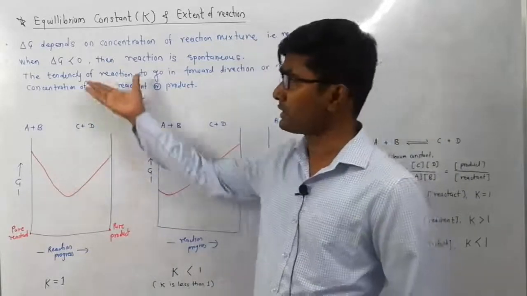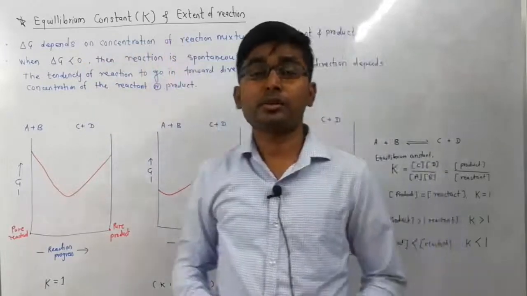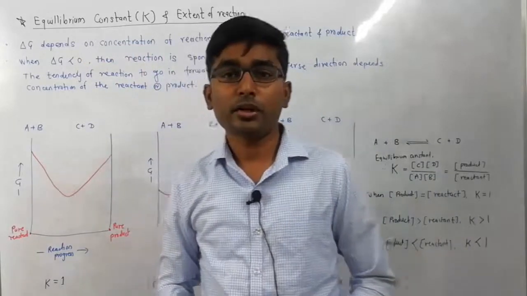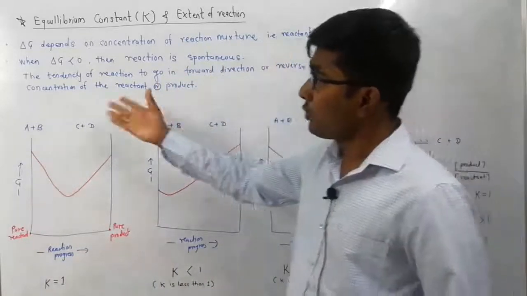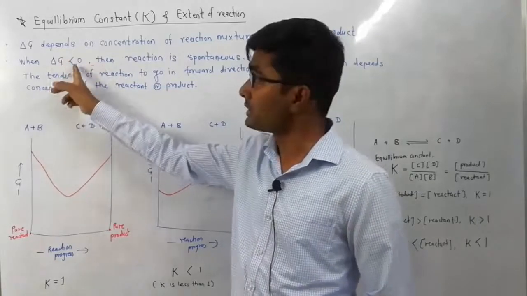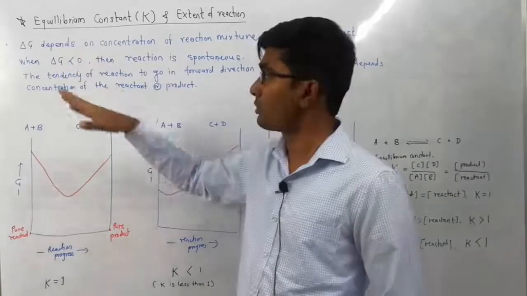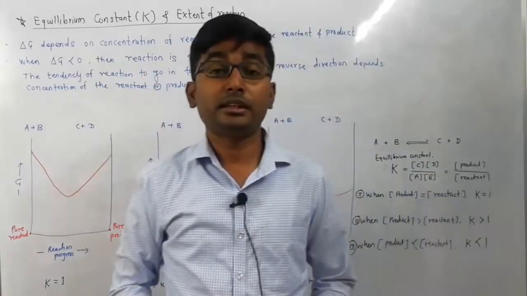We also know that this Gibbs free energy depends upon the concentration of our reaction mixture, or the concentration of reactants or the products. Now, when delta G is less than 0, below 0, then the reaction is spontaneous in nature.